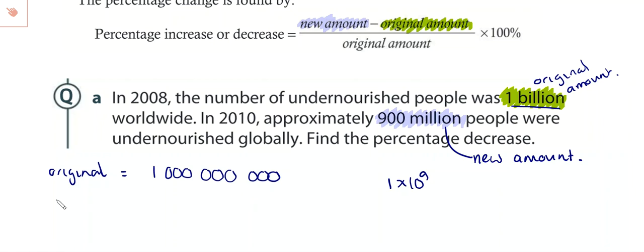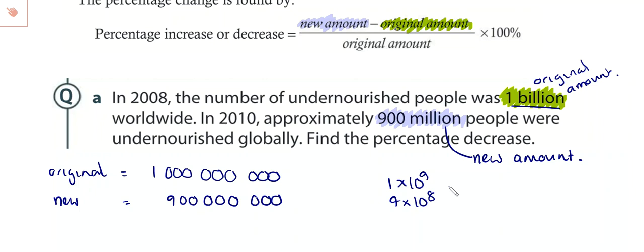He's thrown that in. What's the new amount? 900 million. How do we write that? Or 9 times 10 to the power of 8. You're good with that. Okay, we've got the two pieces of information we need.